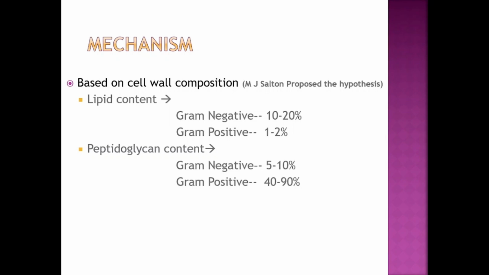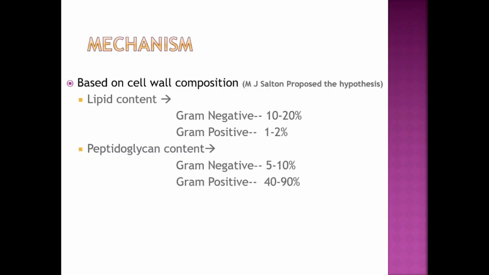Whereas in gram negative organisms, due to the high lipid content, porosity increases, and due to the low peptidoglycan content, the shrinkage of the peptidoglycan occurs to a lesser extent.